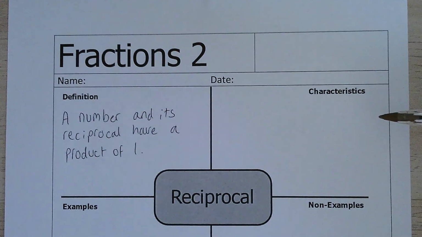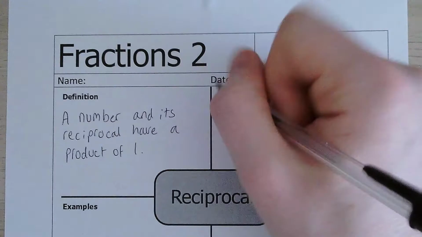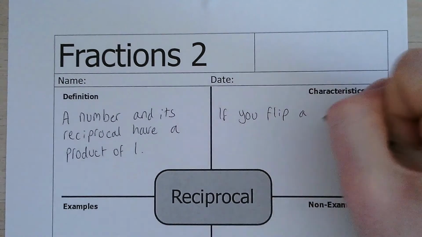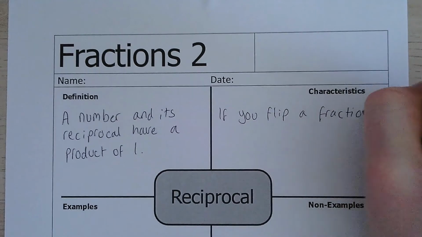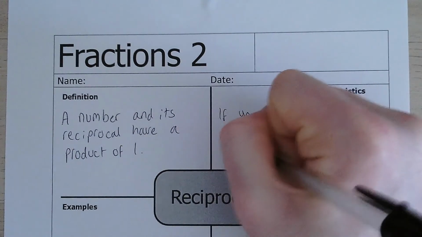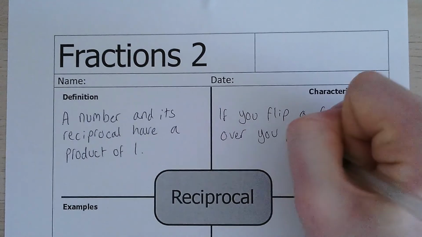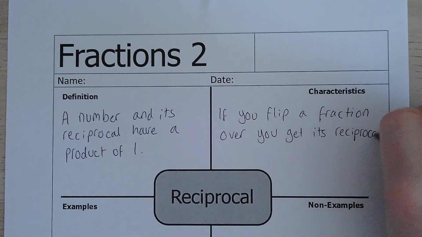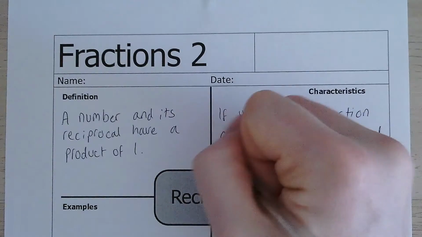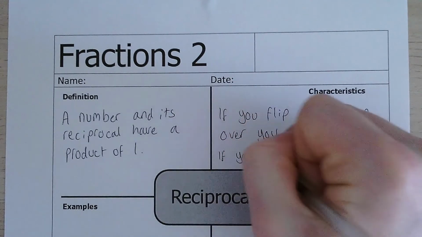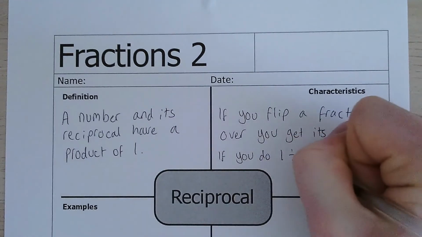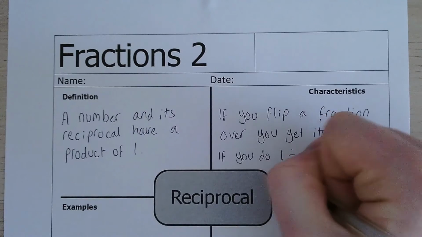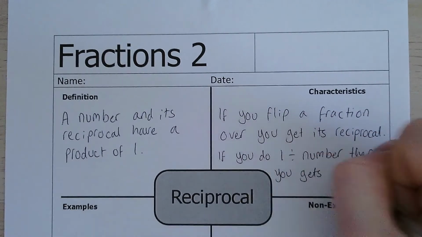The characteristics of a reciprocal: if you flip a fraction over, you get its reciprocal. And if you do 1 divided by a number, then you get its reciprocal.